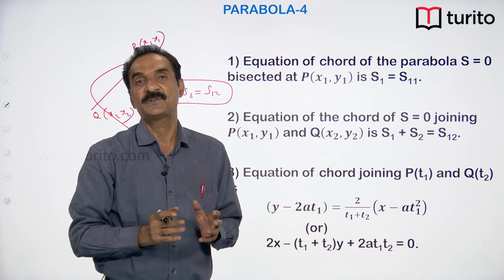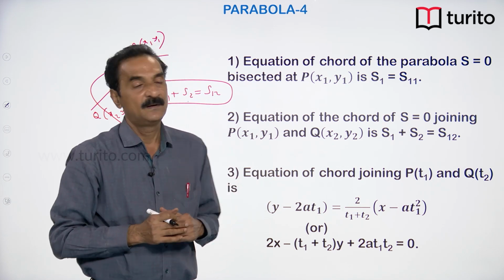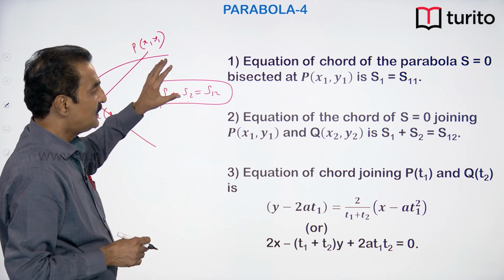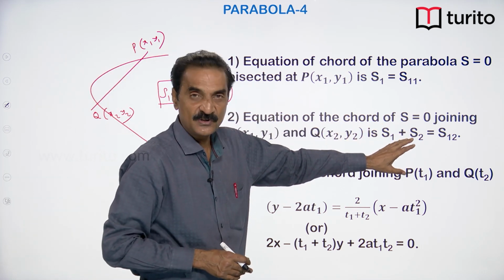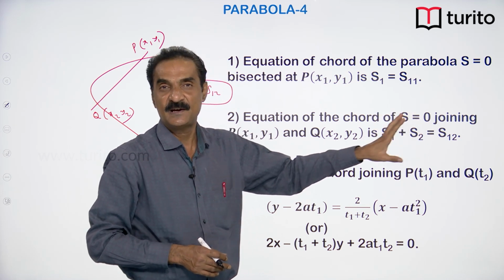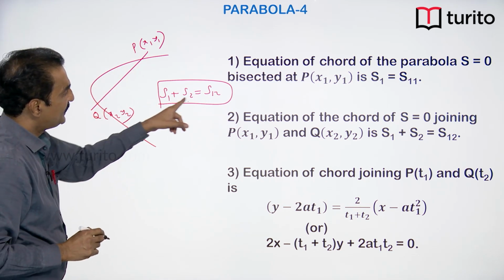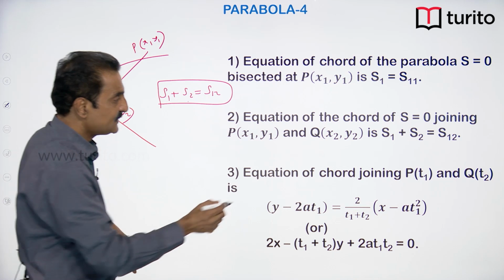Any first degree equation represents a straight line. So, first of all, we have understood that the equation S1 plus S2 is equal to S12 represents a straight line. Now, if you substitute P in this equation, what happens?